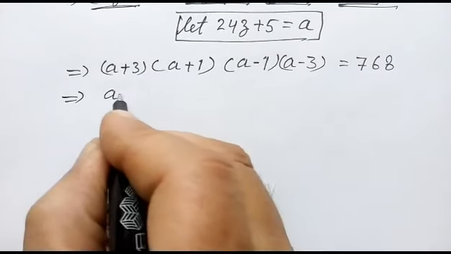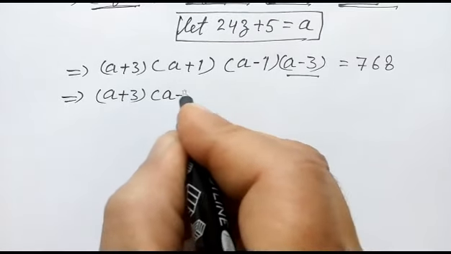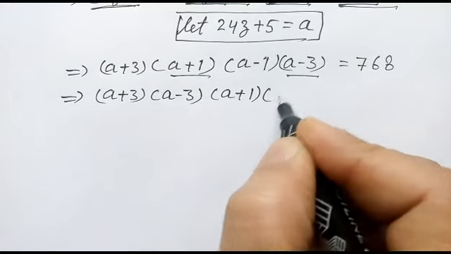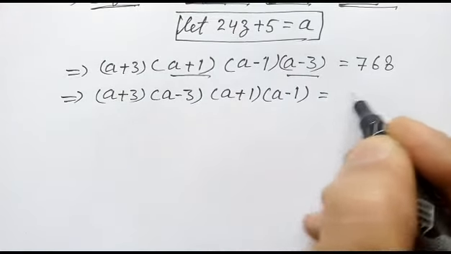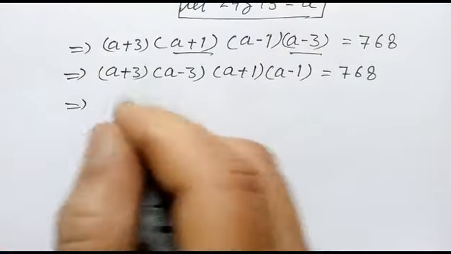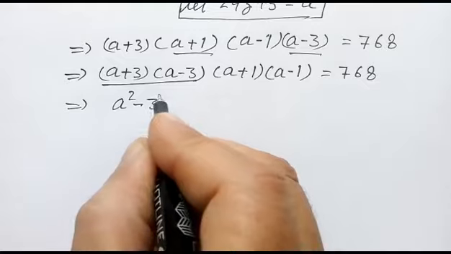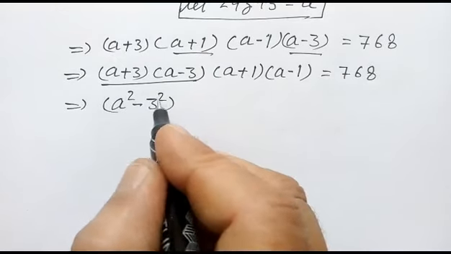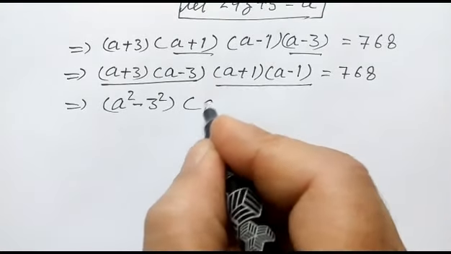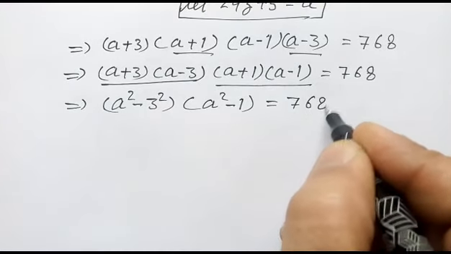If we rearrange a plus 3 and this a minus 3, a plus 1, a minus 1 is equal to 768, right? Now this can be written as a square minus 3 square, right? The a plus b, a minus b formula, and this as a square minus 1 is equal to 768.